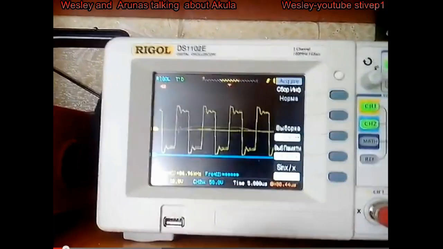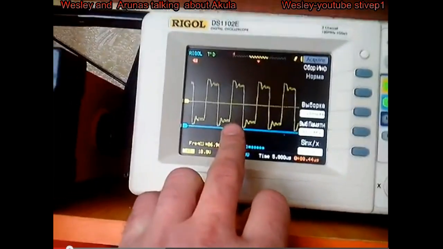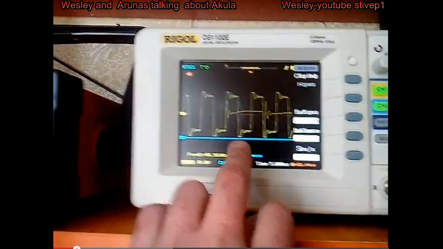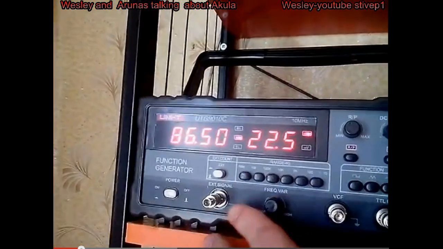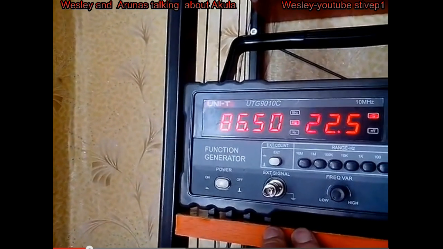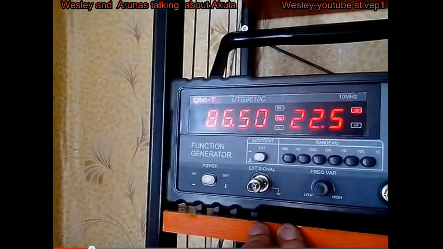And those are the signals for the transistors that will be used for modulation. The frequency of modulation right now is from 70 to 90 kilohertz.